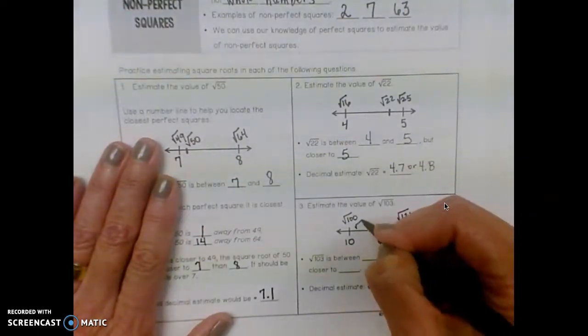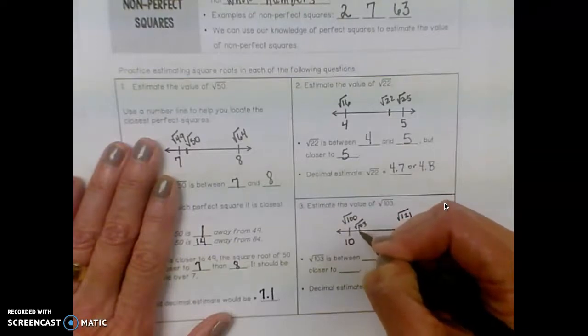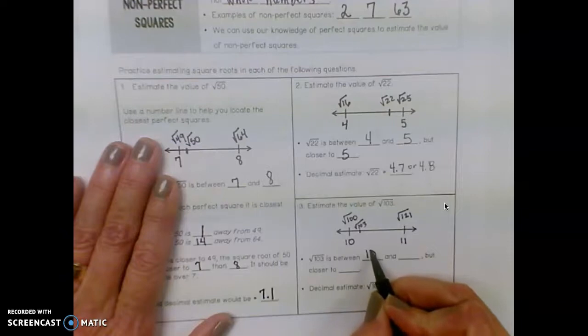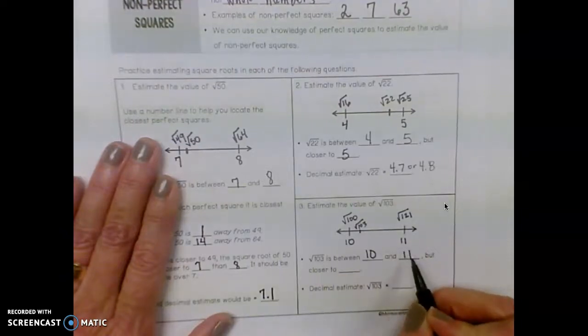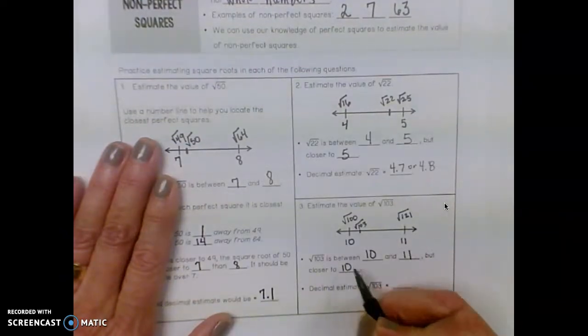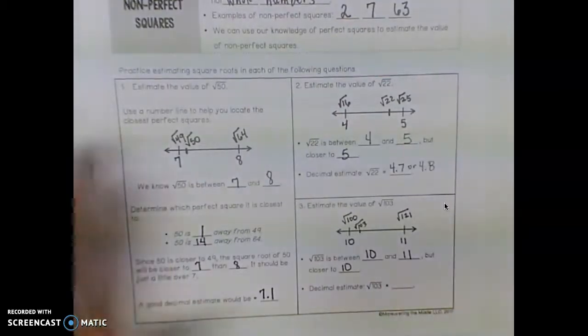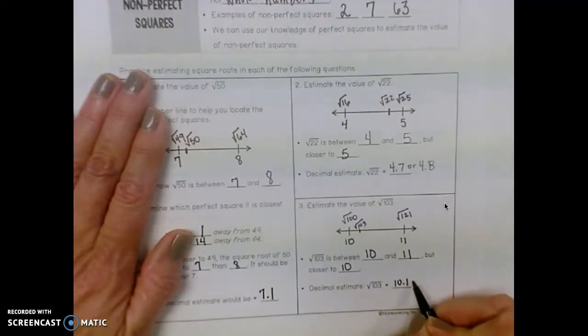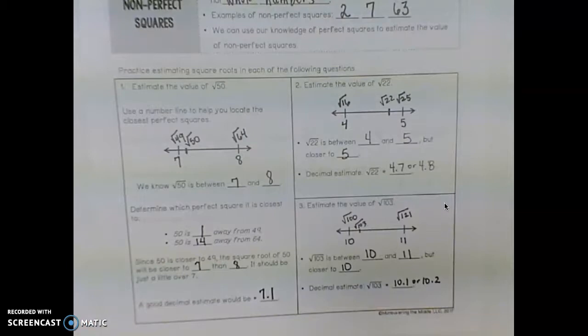I know that 103 is just a little more than 100, so it would be between the whole numbers 10 and 11, but closer to 10. If I was going to estimate this one, I'd say again a little over 10, so maybe 10.1 or 10.2 would probably be a good guess.